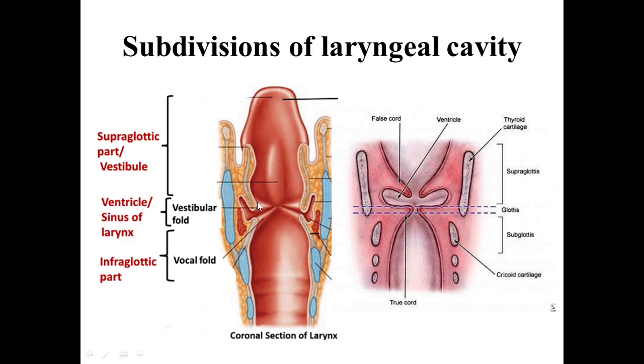So between the vestibular fold and vocal folds, the part of the cavity is called the glottic part or ventricle or sinus of larynx.